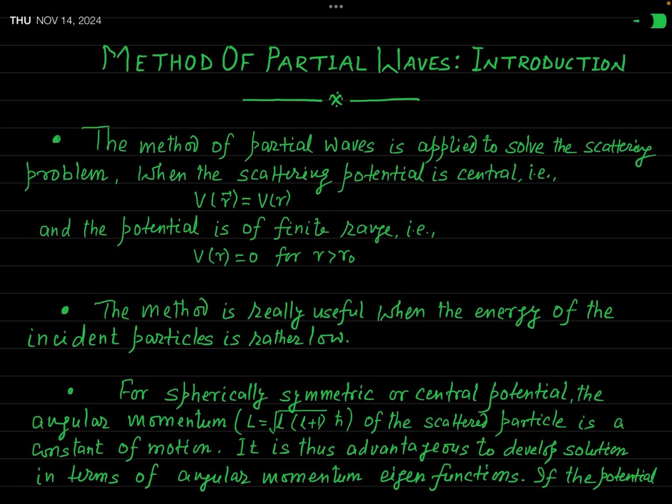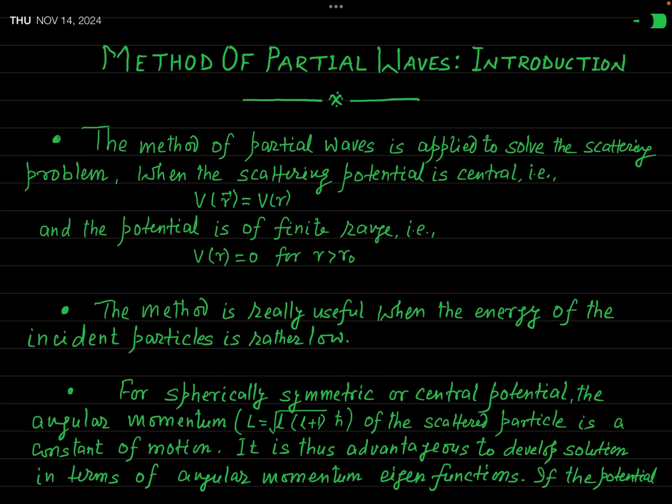Now let us see what is this method of partial waves or partial wave analysis to deal with the problem of scattering. In fact, whenever a scattering takes place, as I have discussed in my previous videos, in any scattering experiment, there is a target on which the incident beam of particles are incident.